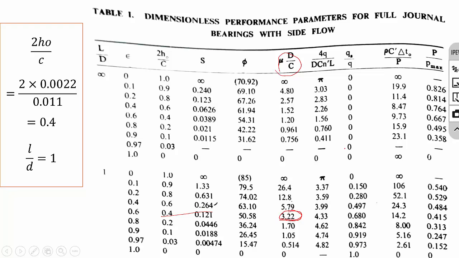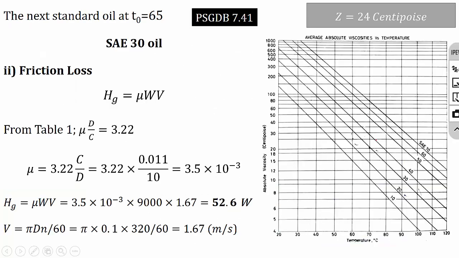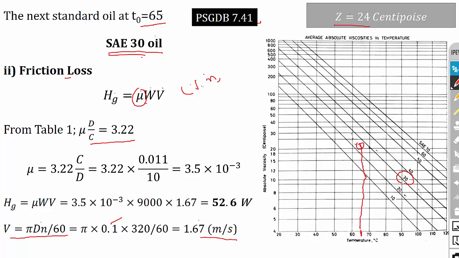So I am going to use that value. mu D by C is equal to 3.22, so mu is equal to 3.22 into C divided by D. The C value is given in the problem, it is 0.011, and D is 10 centimeter. So I can calculate the mu value, that is 3.5 into 10 power minus 3.